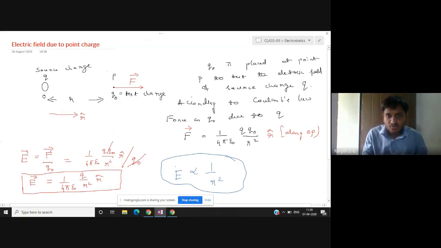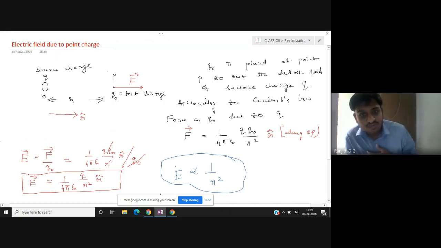So if you are too far away from this, the electric field will be reduced. If you are near to it, the electric field will be more. It can be visualized in another manner also, in the form of flux, in the form of the electric field lines. We will discuss that at a later stage.